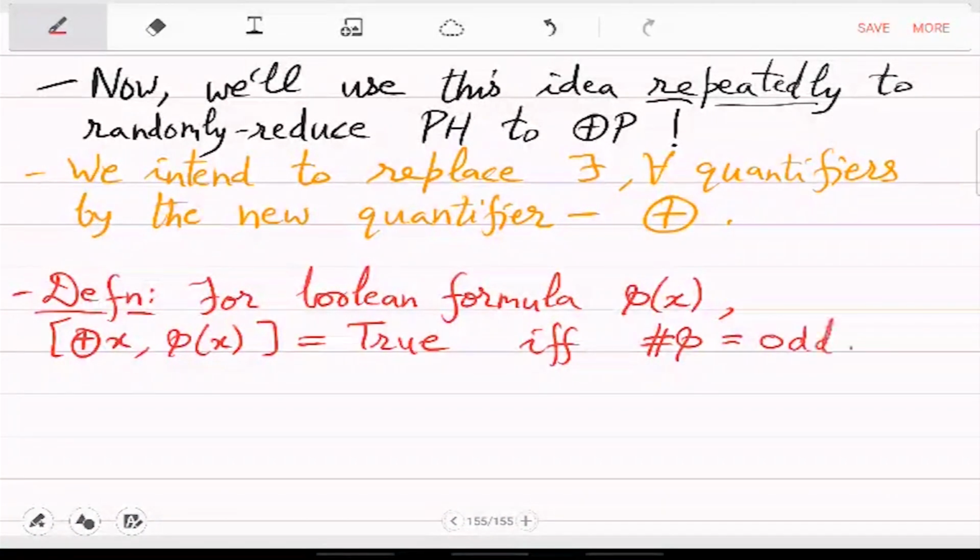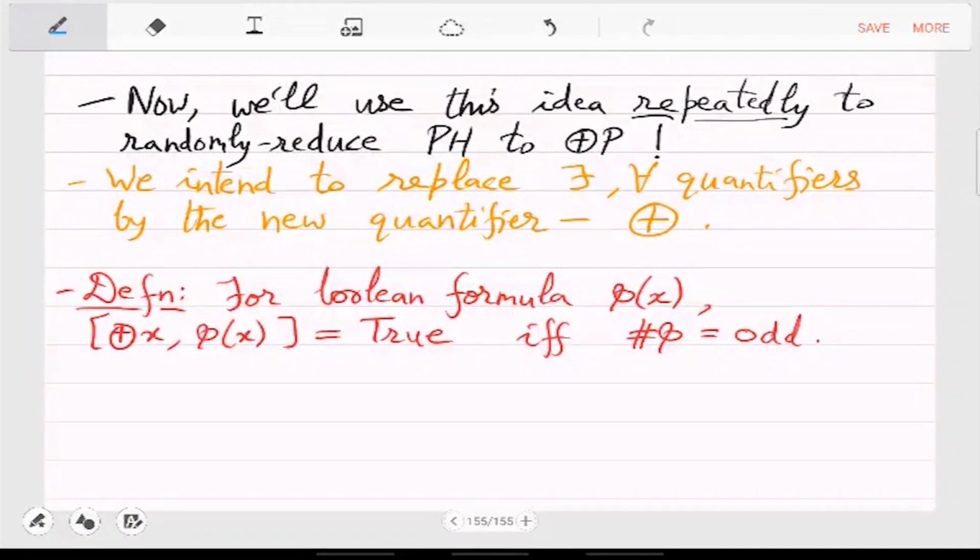Okay, that's the definition. If the number of these x's on which parity is acting is odd, then this quantification is true. And now even alternating there exists and for all, we will convert all of them to this single one. So let's write down the result we intend to prove.